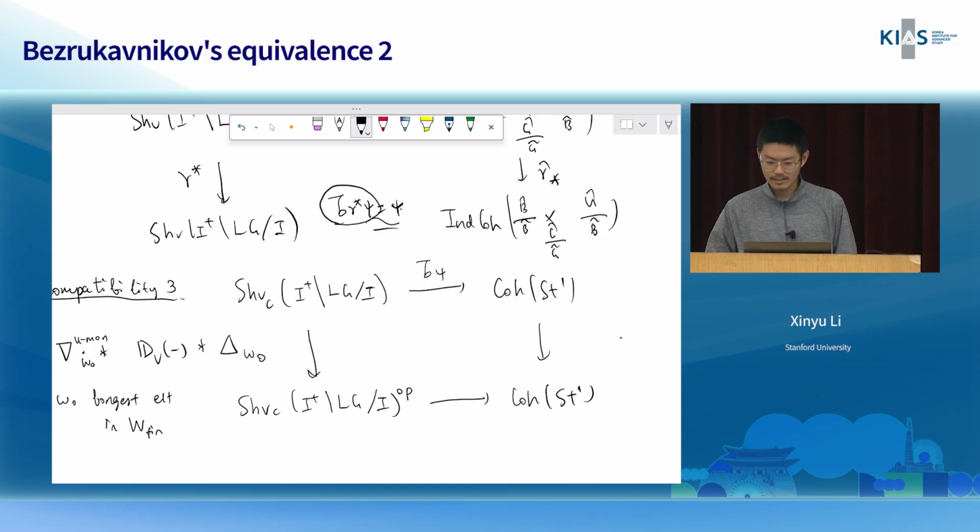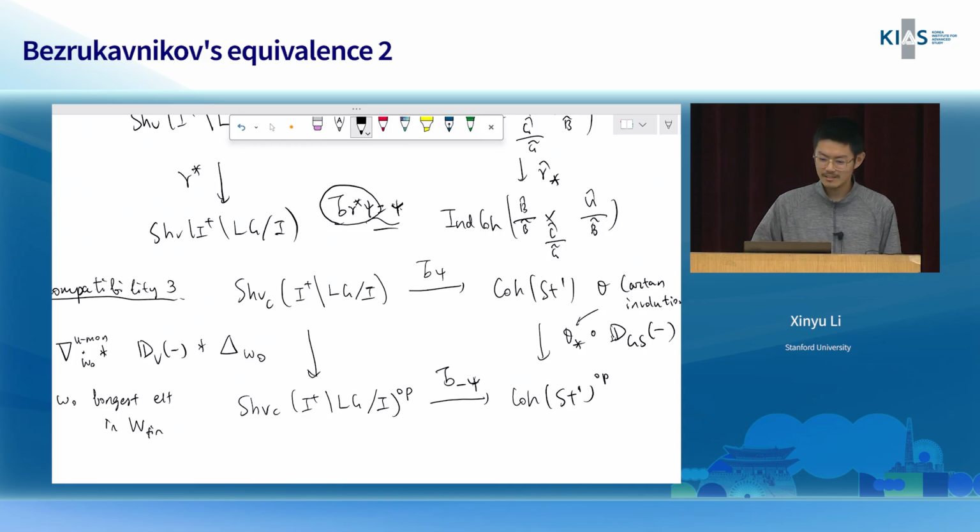On the spectral side, you may expect that it corresponds to Grothendieck-Serre duality, but you also need to twist it by theta push forward, where this theta is something called Cartan involution. And also, in the second equivalence, I need to use minus psi, this additive character.